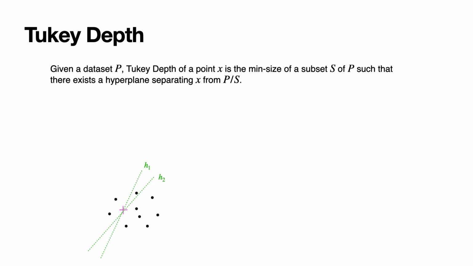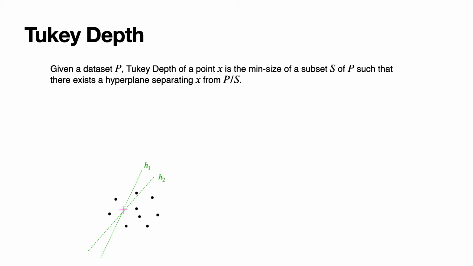For the purple crossing point in the space, although hyperplane H2 separates 3 points from the dataset, the hyperplane H1 separates the smallest number of points, and it only separates 2 points. So, the Tukey depth of the purple crossing point is 2.